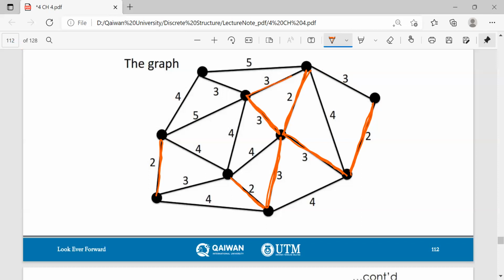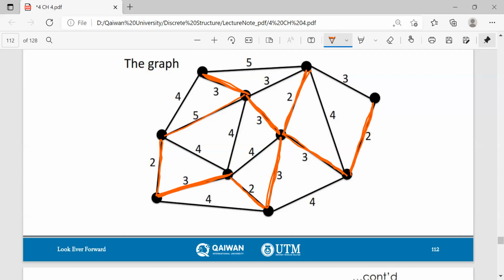How about this one? We don't have to take this, because here we get a closed cycle. And this one. Okay, what else? This one. And then this one. So it's 4. No, we don't do that first. We take this one.